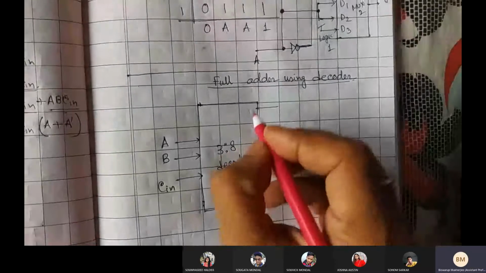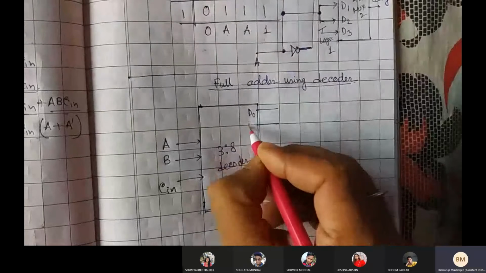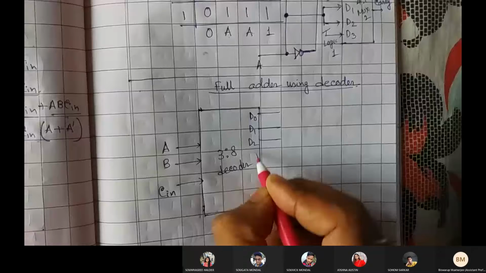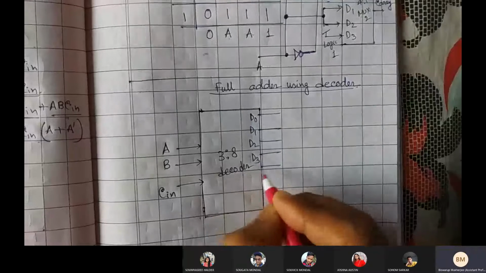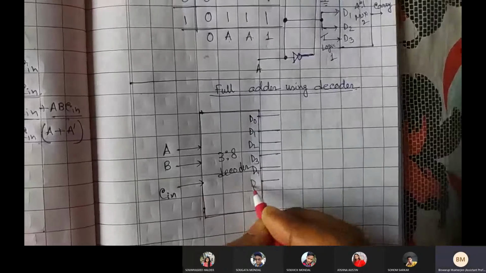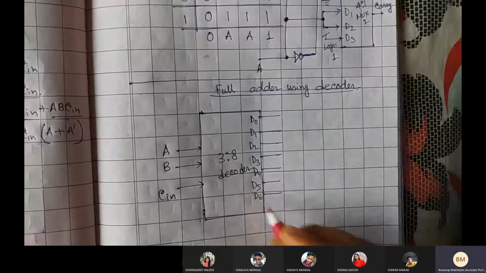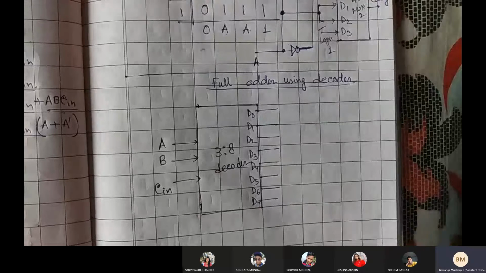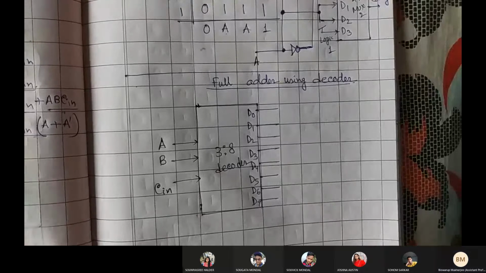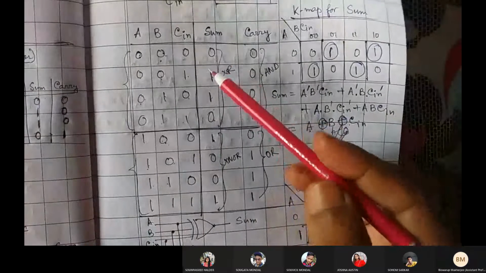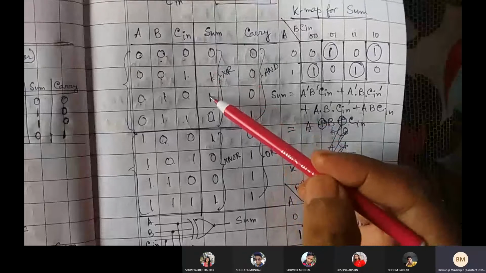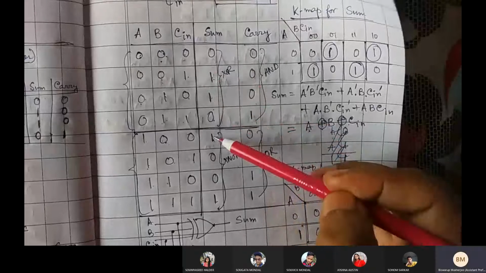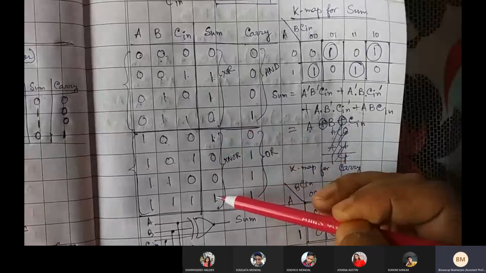There will be 8 outputs, D0, D1, D2, D3, D4, D5, D6, and D7. Okay. We know from the truth table, for sum, we require to connect D1, D2, D4, and D7, right? So I'll simply bring those 4 and OR them to get the sum.